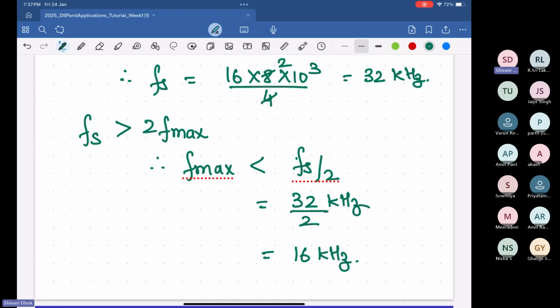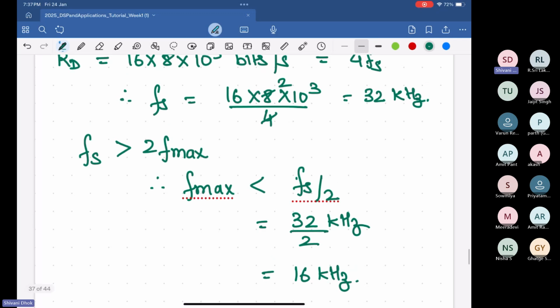Is it clear? Any questions in this part? So the 16 kilohertz is the upper limit on the maximum frequency for a signal which we can transmit using a data rate of 16 kilobytes per second. Is it clear?